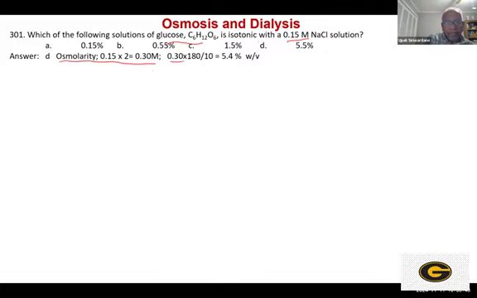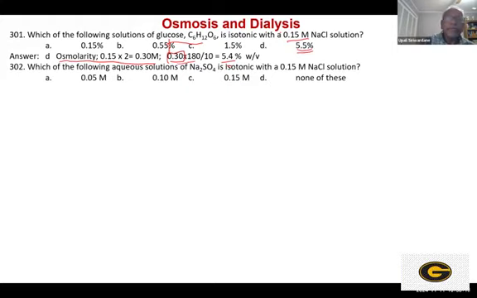This solution, glucose should be 0.3. Therefore, we convert grams to moles to grams, you get 5.4. This is the answer. You are converting back and forth from molarity to. That's how I got 0.55.